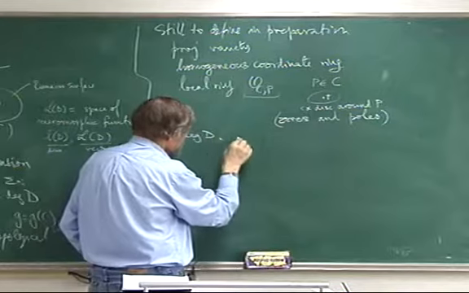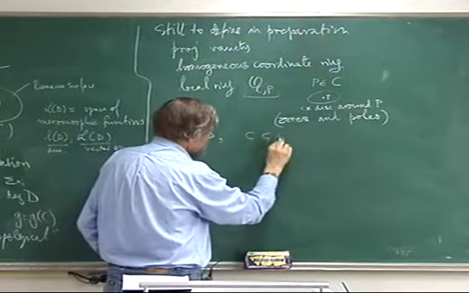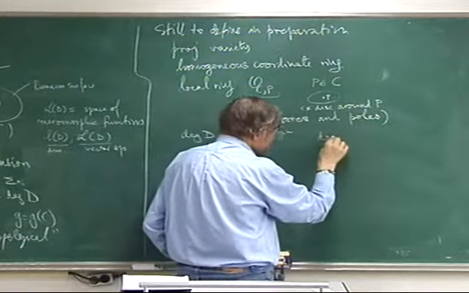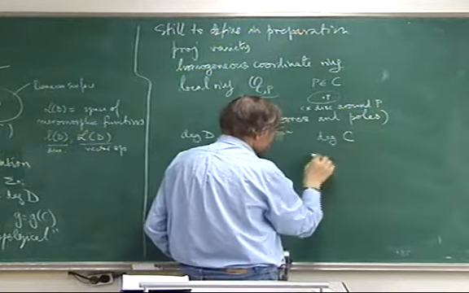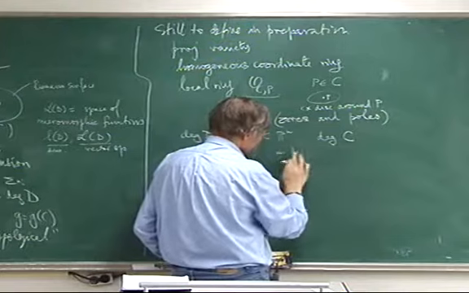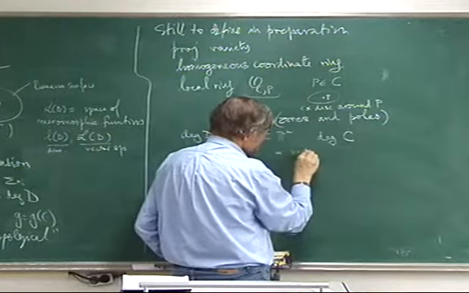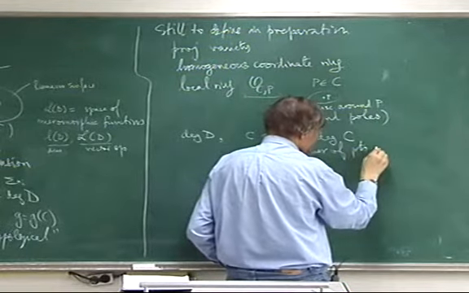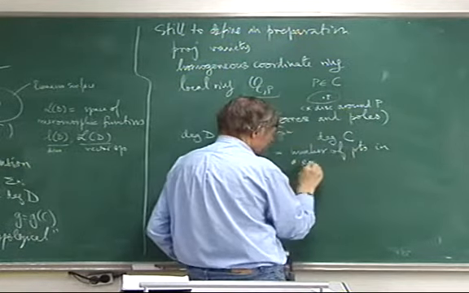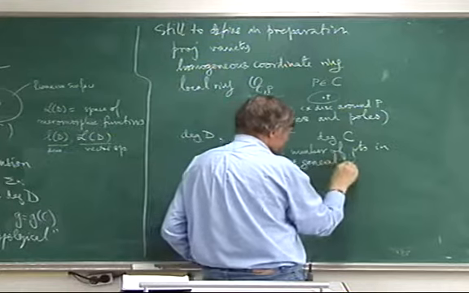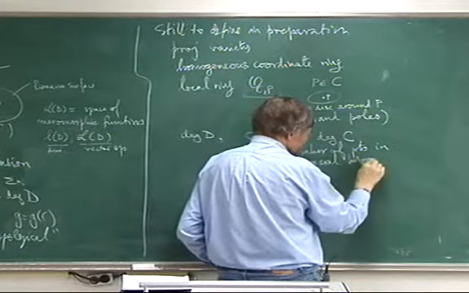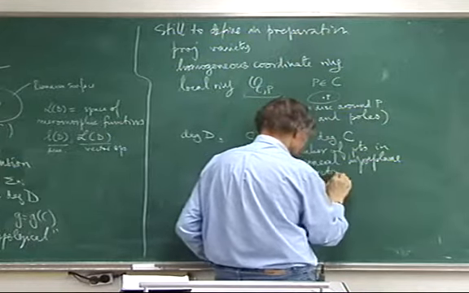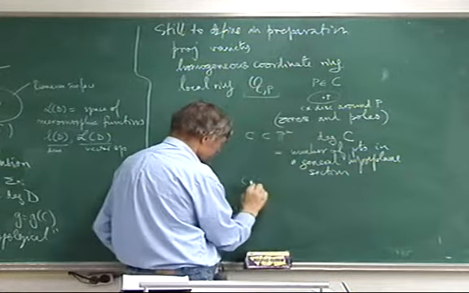Etc. In particular, if C is in P^n, there is the degree of C, which is the number of points in a general hyperplane section. So here's my C in P^n.